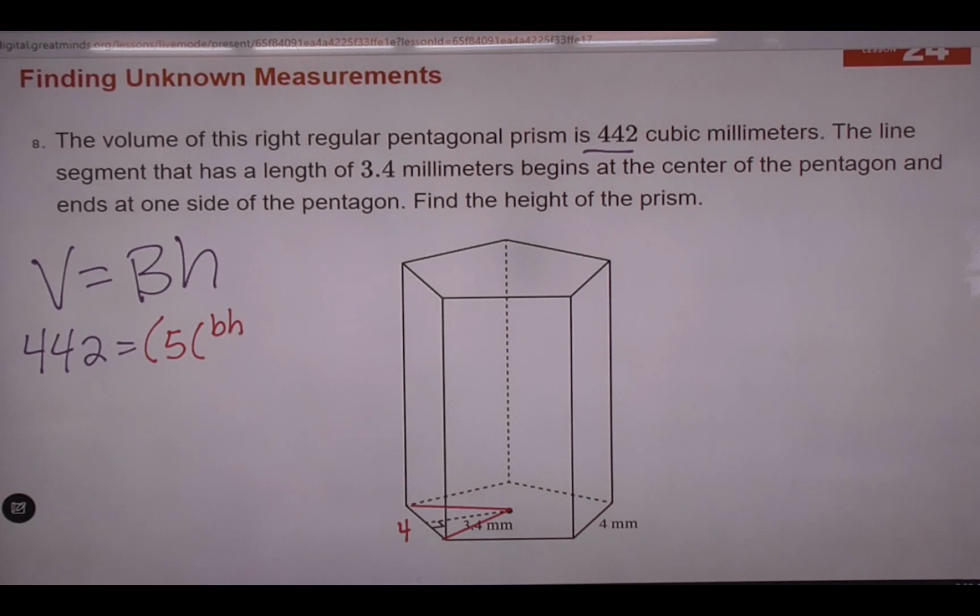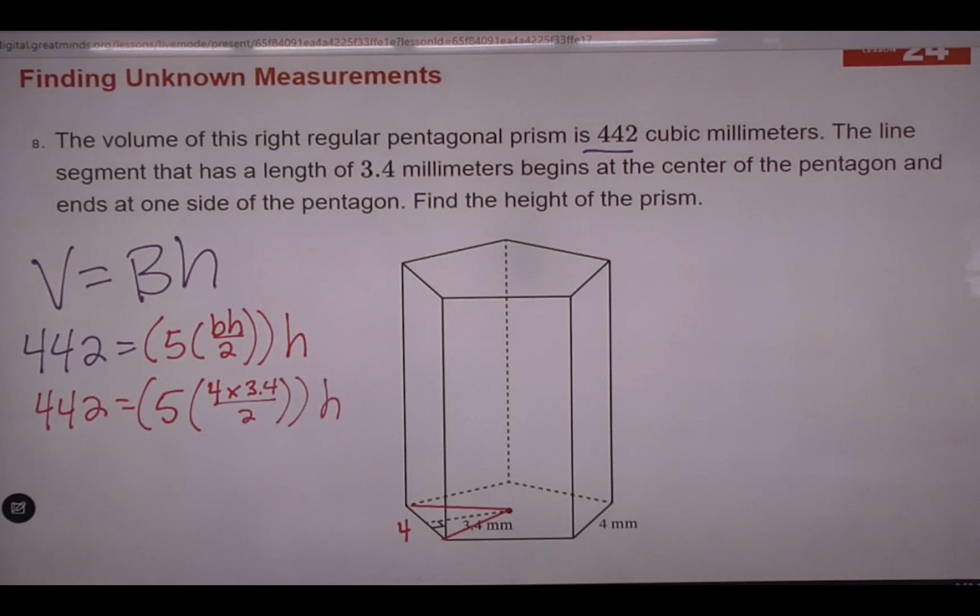To find the area of the triangle, you do base times height divided by 2. And then the height of this prism is what we're looking for, so I'll put an H for my height. If we start working it out, 5 triangles, we need to find one triangle. It's got a base of 4 and a height of 3.4. We're going to divide that by 2.